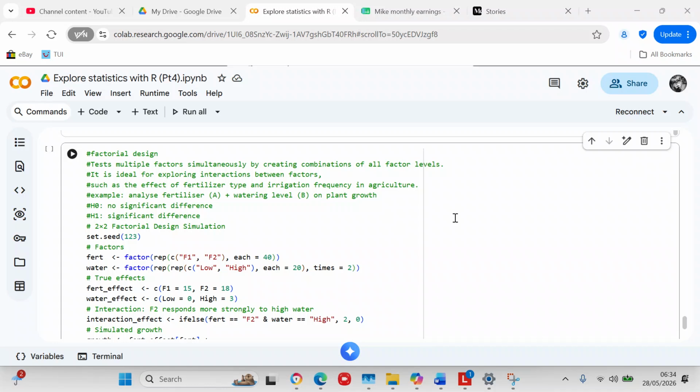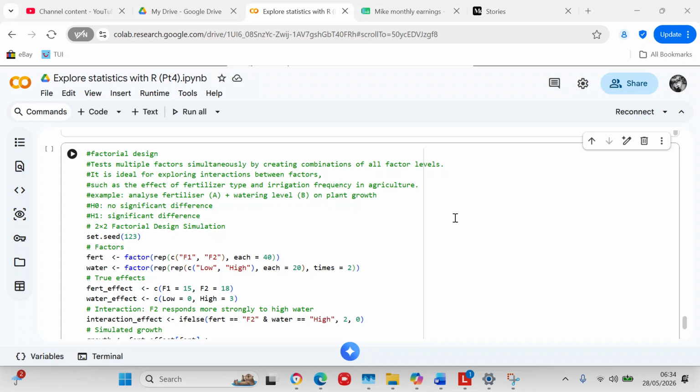So what we're going to do is simulate some data to demonstrate factorial design. The example is we're going to analyze fertilizer A and water level B on plant growth.